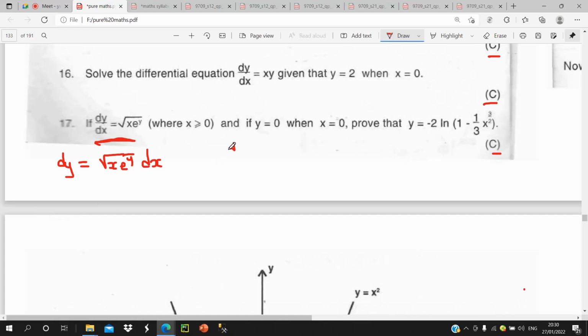So it will be dy is equal to x to the power of half. Then what do we have for e? It's e to the power of what? Y over 2. Yes, half y. Dx.